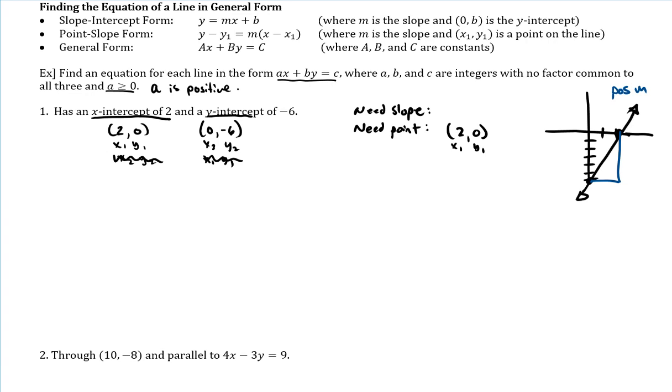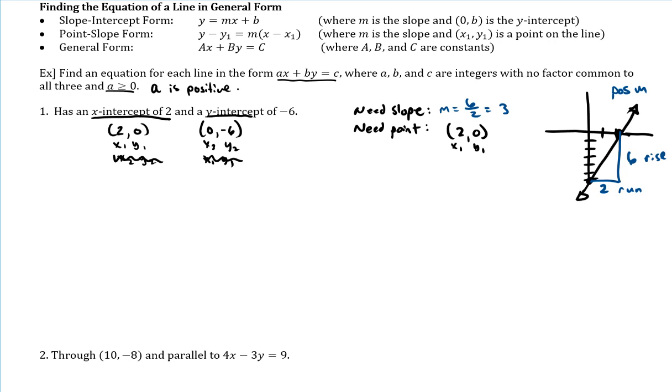And it looks like I can run over 2, so from the axis over 2 is 2. And then I can rise up 6. So our slope is rise over run, which is 6 over 2, and that reduces to just 3. Okay, so we have our slope, and we have our point.